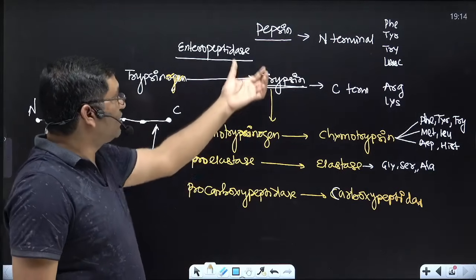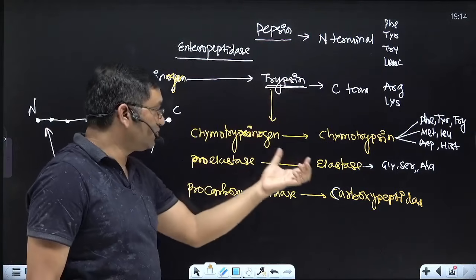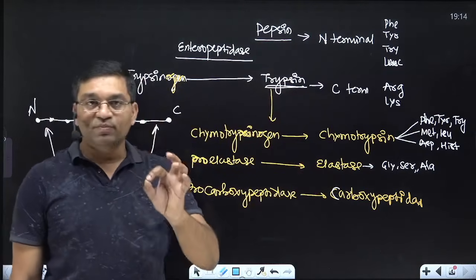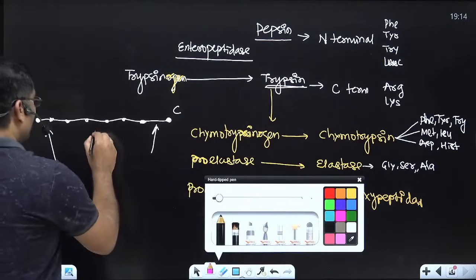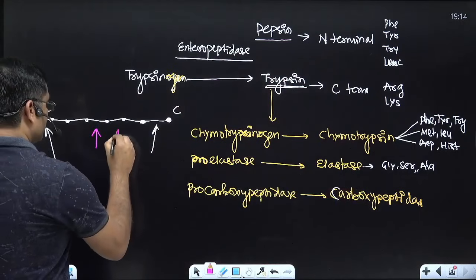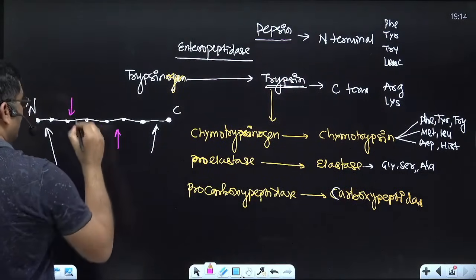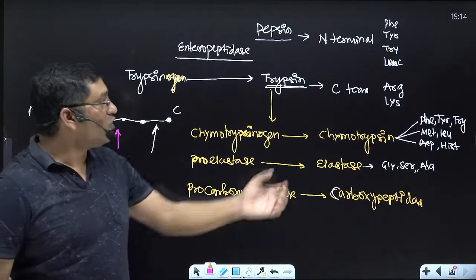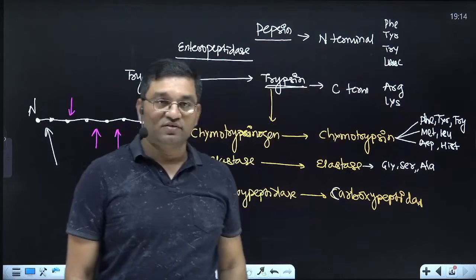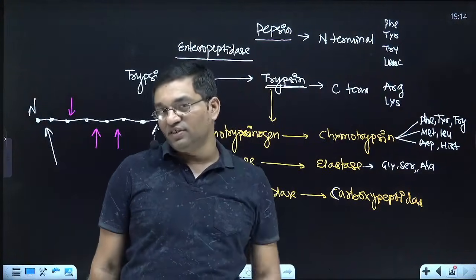While the rest, pepsin, trypsin, chymotrypsin, elastase, are the endopeptidases. These endopeptidases specifically act on internal peptide linkages. So they will act on the peptide bonds formed by this particular amino acid, either N-terminal or C-terminal.